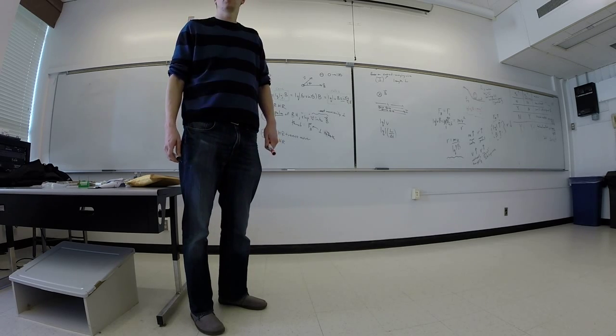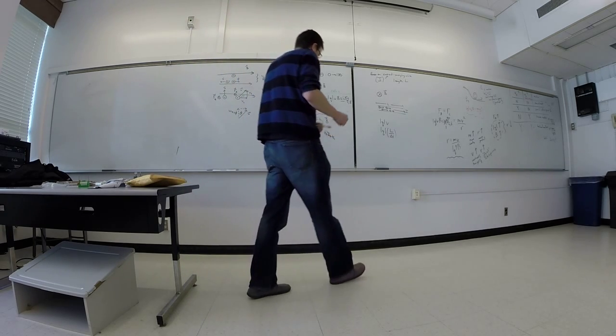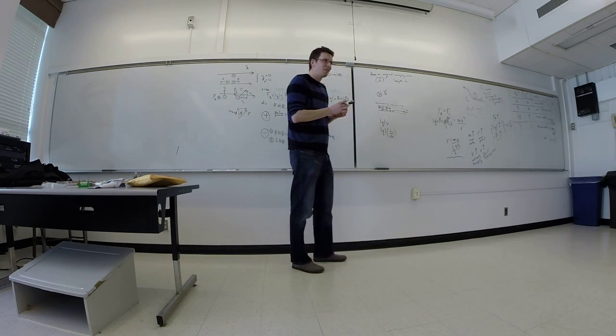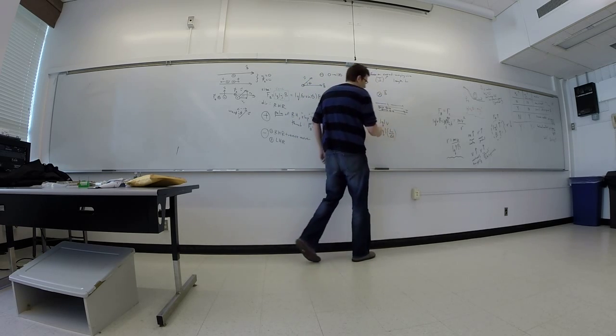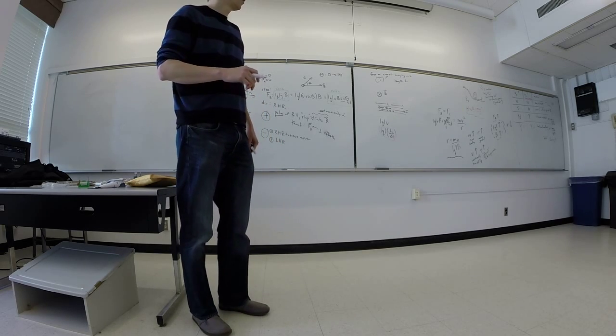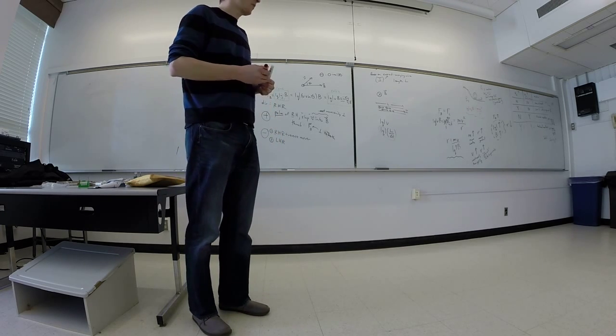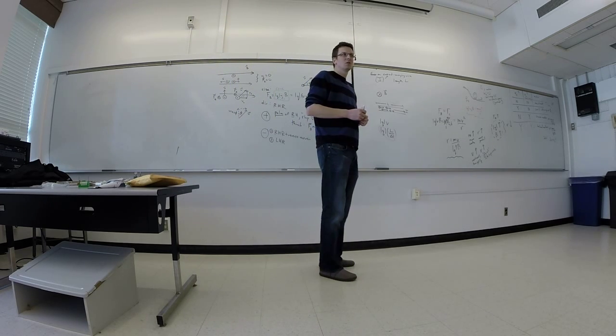Is that cool? Right, so the speed is length per time. And then all I'm going to do is I'm going to take that time and I'm going to steal it for the Q. I'm going to group these together. So instead of talking about the length per time, I can talk about how much charge traversed across in this time. We have a name for that. What's charge per time?